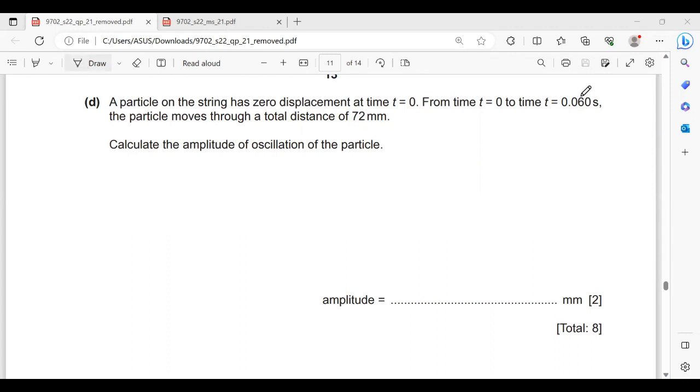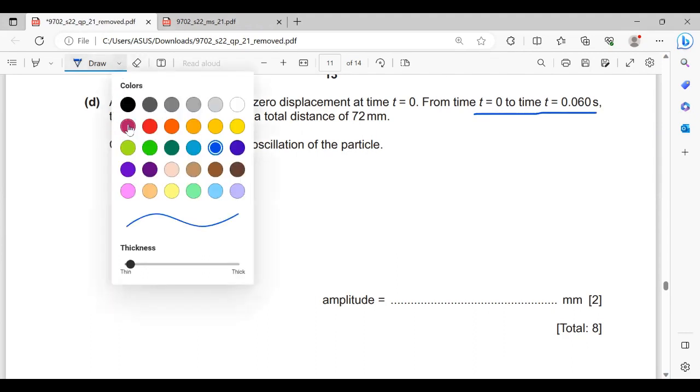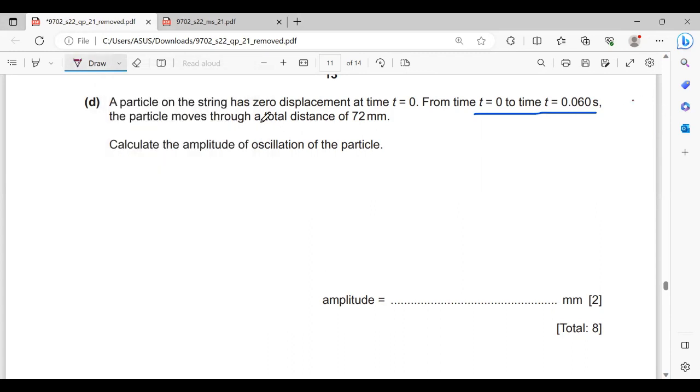Okay, the particle moves from 0 to 0.06, while the total distance is 72 millimeters.